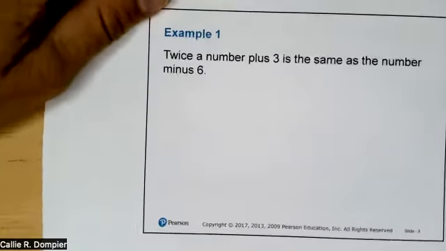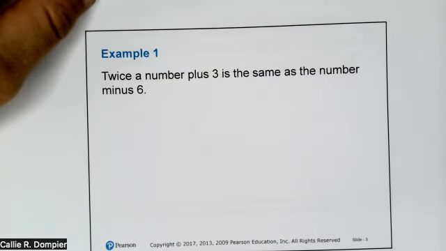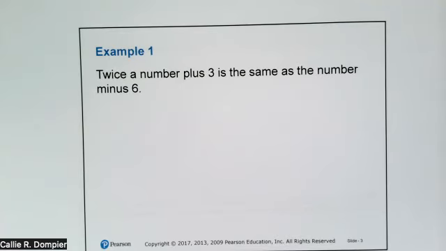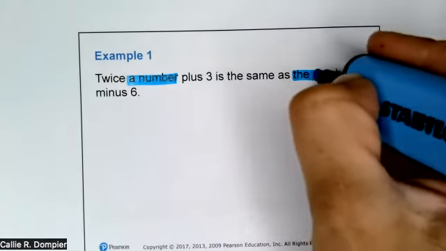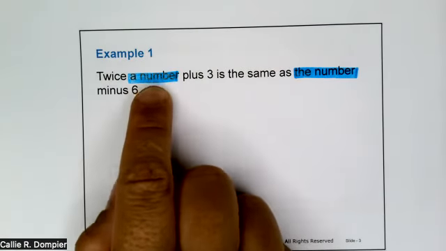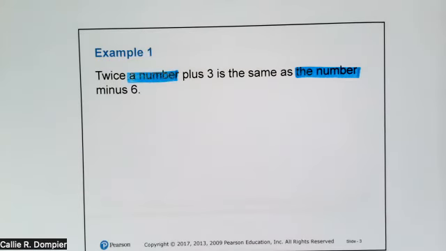All right. Example 1. Twice a number plus 3 is the same as the number minus 6. So here they call it a number, and here they call it the number. That's the same one. So this is like an English lesson at this point. A number introduces it, the number refers back to it, right? So those are going to be the same letter.